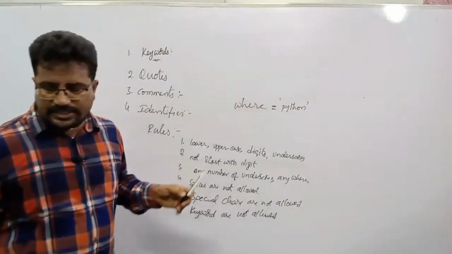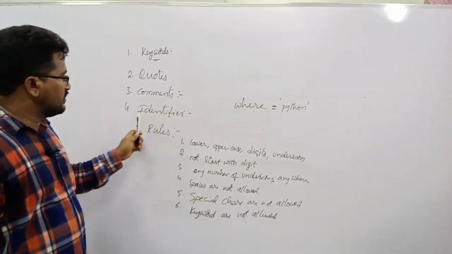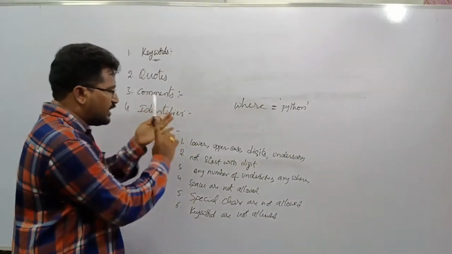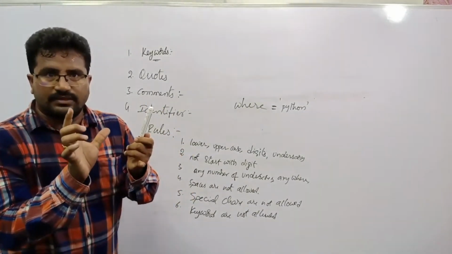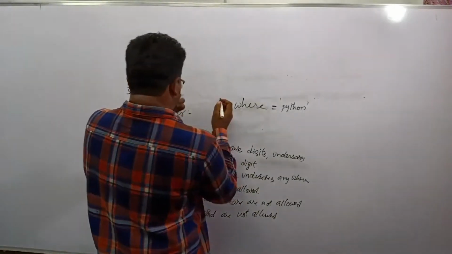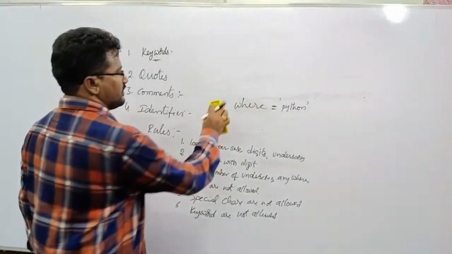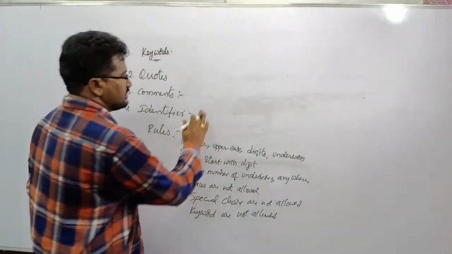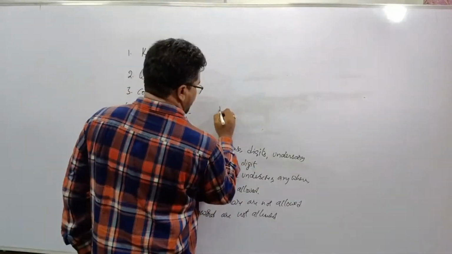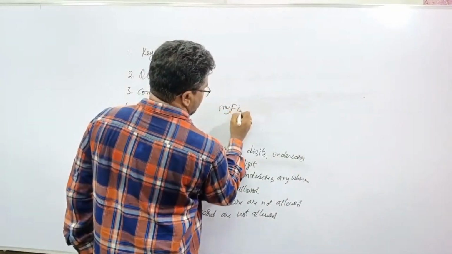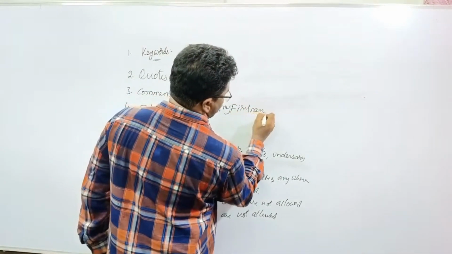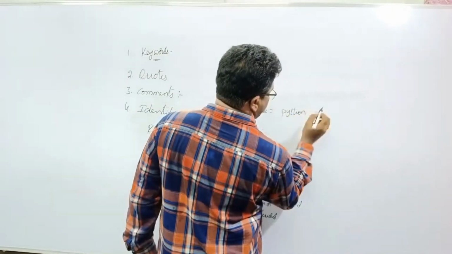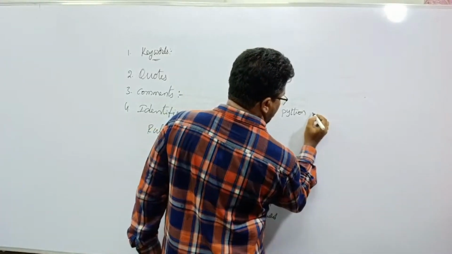Okay, so like this, we have some rules to write a name in Python, guys. These all rules apply for what? Variable names only. Some people asked me previously, one question. The next day after this concept, some students came and said: my first name equal to, he wrote Python, space, Narayana, for example.